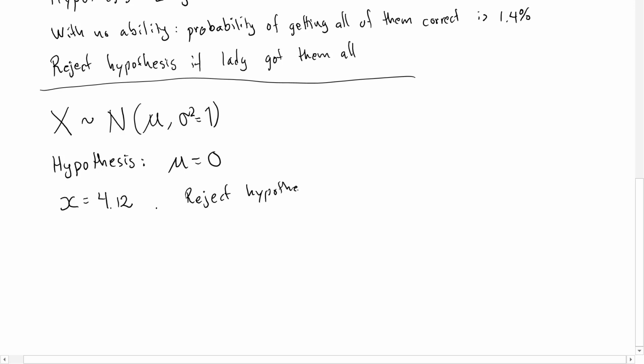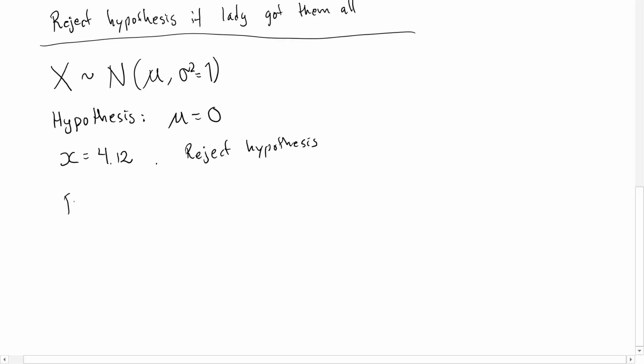Why? Well, it is still possible to get the number 4.12 from the normal distribution, because the normal distribution has a range which goes from minus infinity to infinity. It's just highly unlikely to get a number like 4.12 from the standard normal. You can actually find the probability that you would get a random number that's 4.12 or greater.